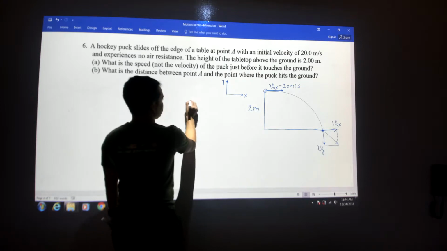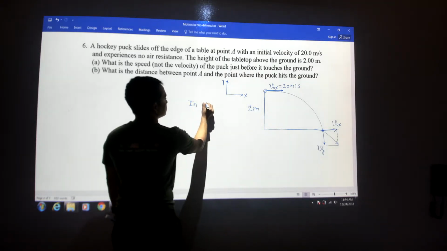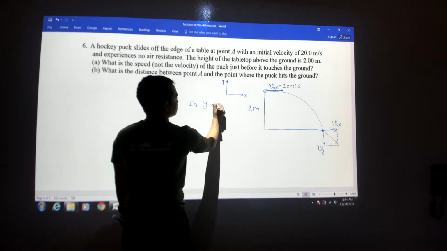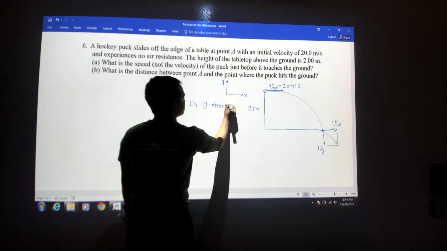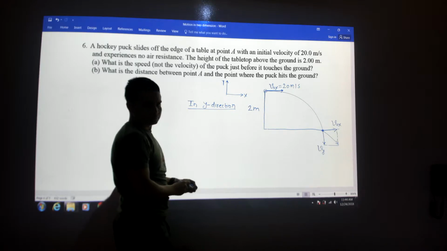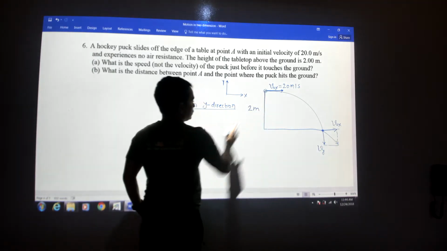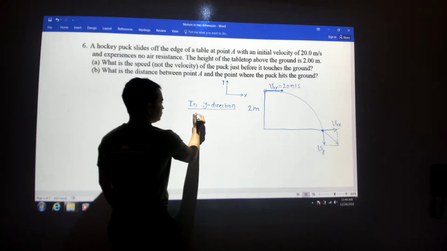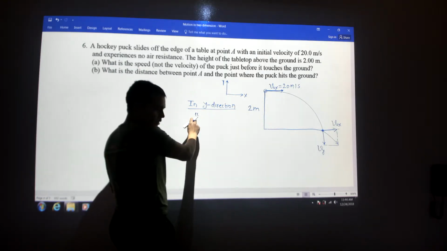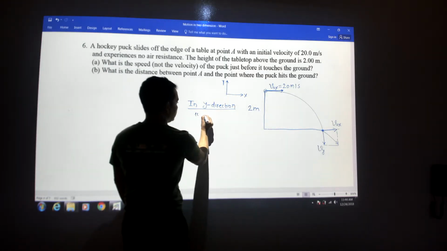In the y direction, what is the initial velocity? This is 0.